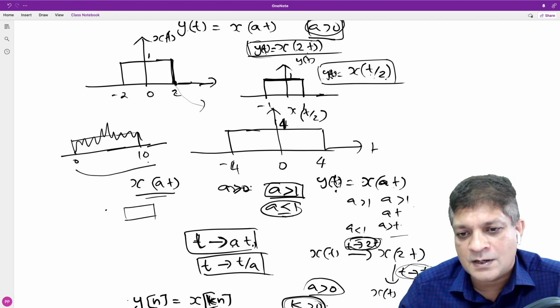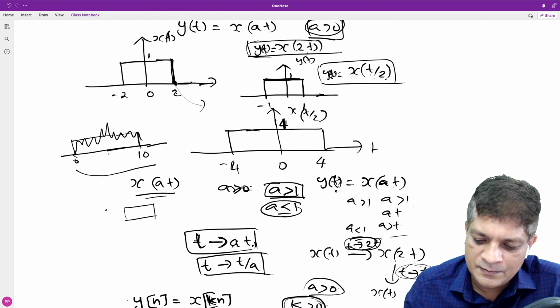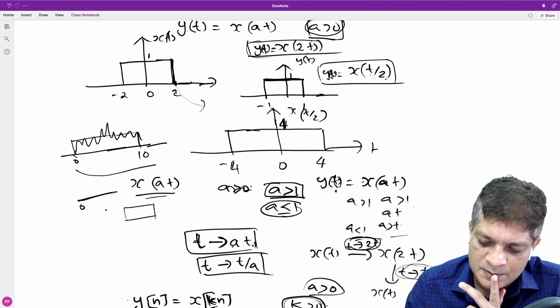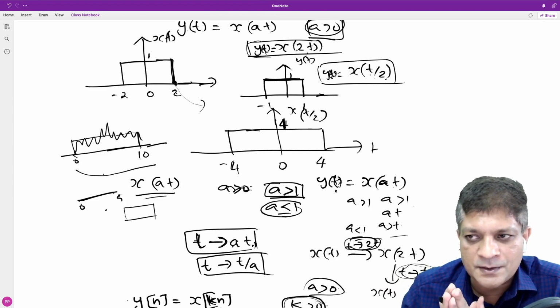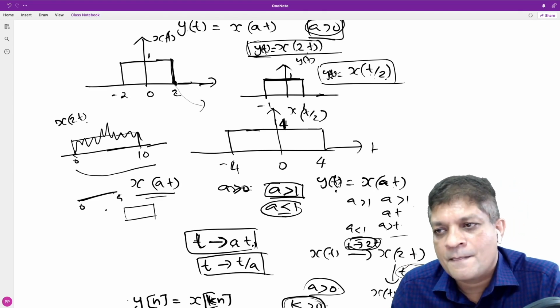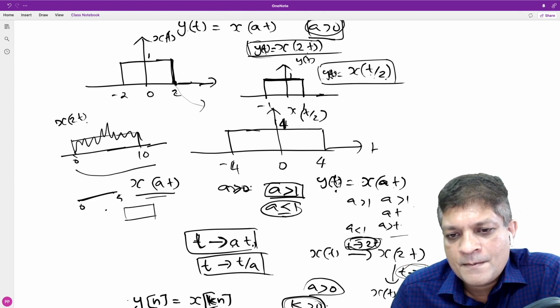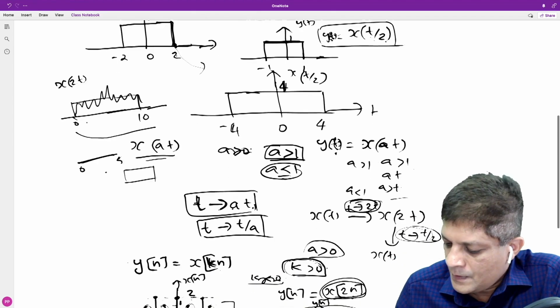Compression. Is it compression by a factor of 2? Yes. That means we have to squeeze everything to between 0 to 5. That signal will be squeezed, isn't it? It is time compression. So there, the operation is x(2t). That is an application where we use this operation.